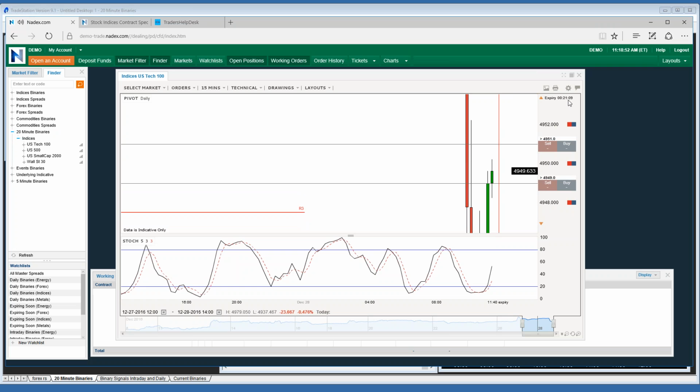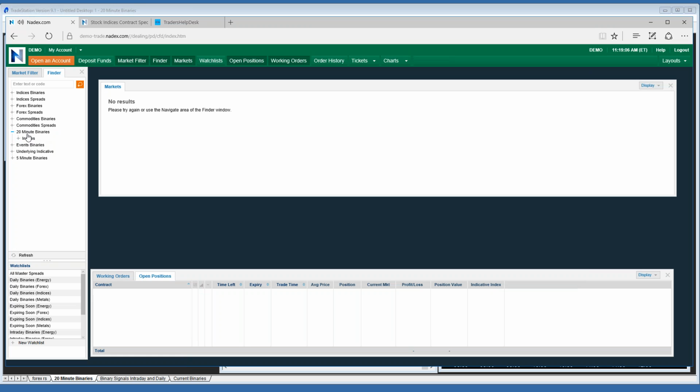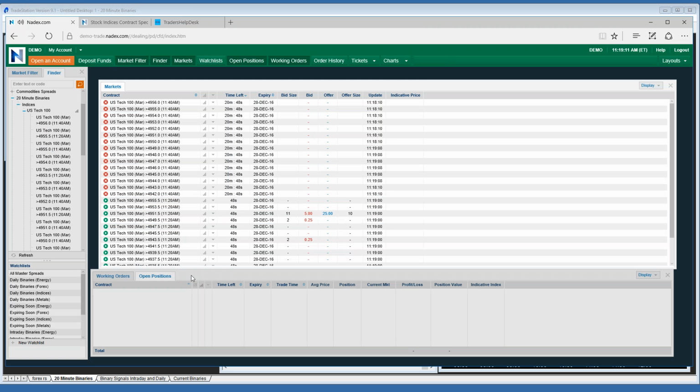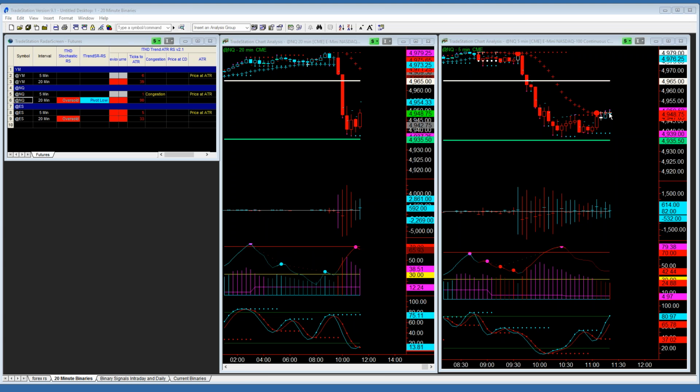Now this is going to expire in 21 minutes. It hasn't started yet, so we have to wait for it to start. So let's go back over here. Now these are 20-minute binaries, so when I saw 21, I knew it had not started yet. We have about 40 seconds. So I want to start analyzing my chart while I'm waiting for it.